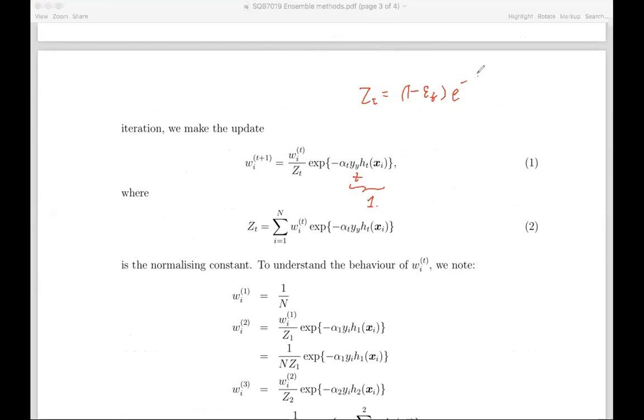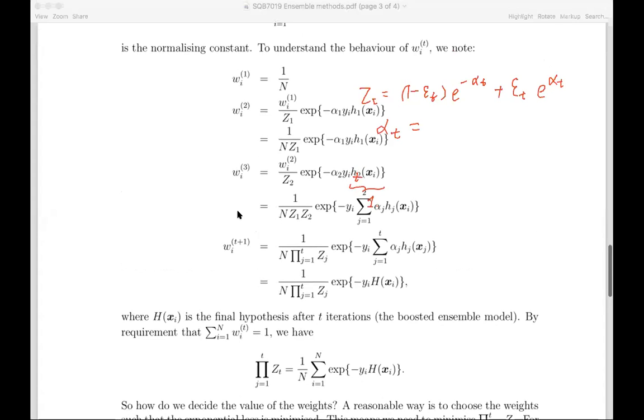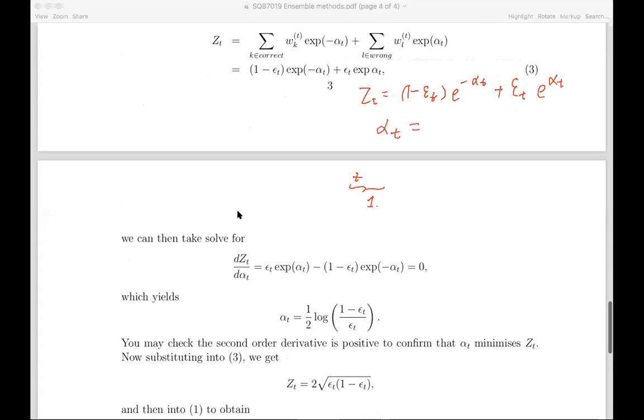e of minus alpha t plus epsilon t e of alpha t, right? And my alpha t is equal to 1/2 log of that, okay?